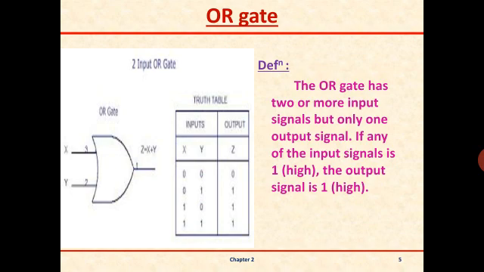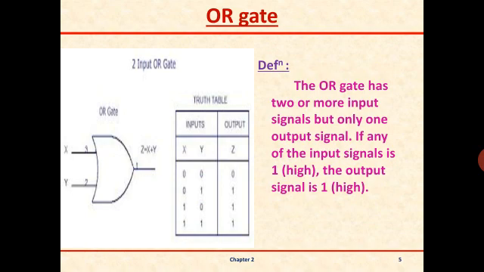The OR gate can have as many inputs as desired. Remember students, for our understanding purpose only two inputs are shown here, but an OR gate can have as many inputs as needed, but the output will be only one. That you have to remember.